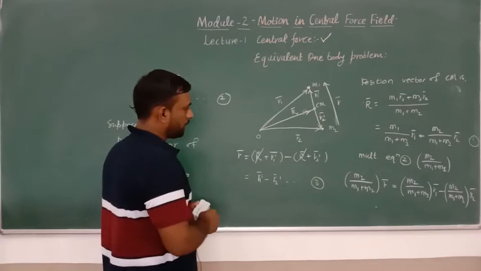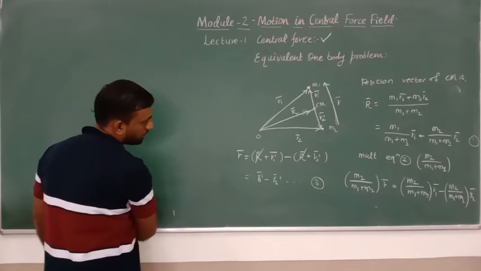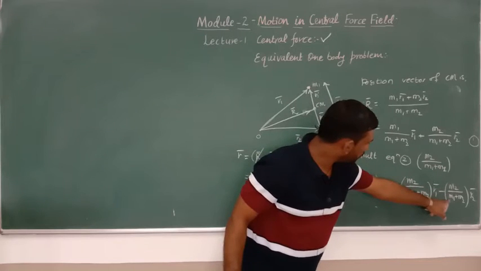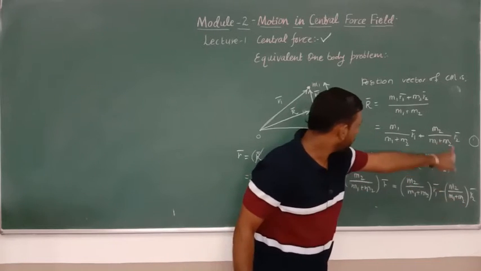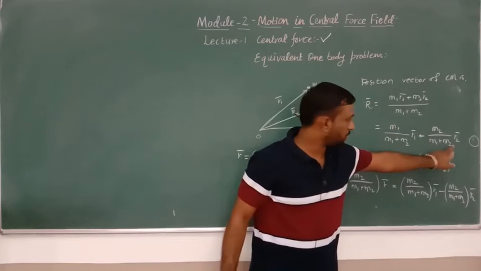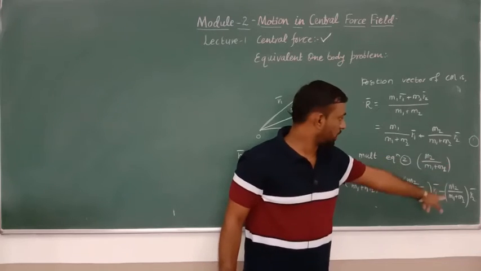Okay, so we got this equation, and look at these two equations. We have m2 upon m1 plus m2 r2 in the first equation, and we again have this m2 upon m1 plus m2 into r2. So we can easily eliminate the second term from these two equations.